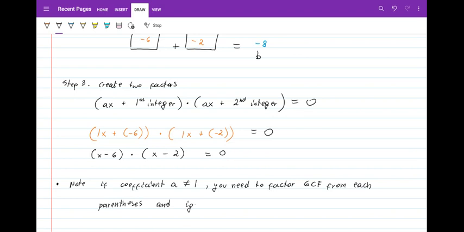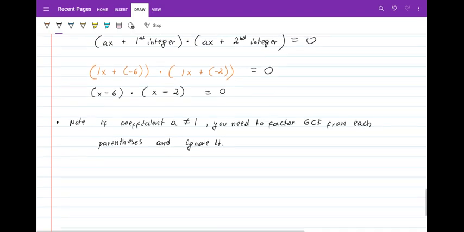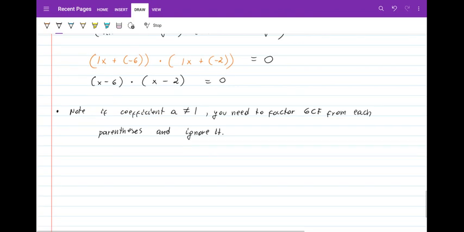We're going to do the problems like that. Okay, so in our case, a is equal 1, so we don't need to worry about that. So step 4 will be solve two equations.